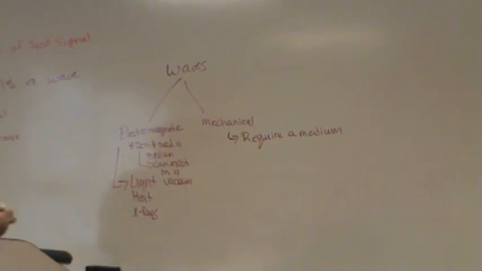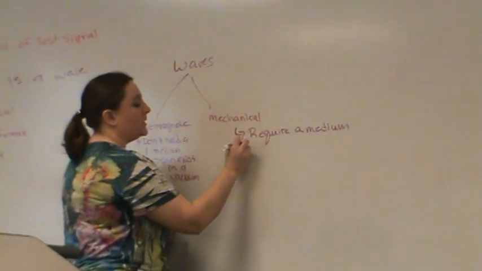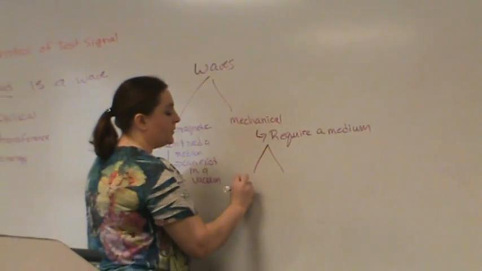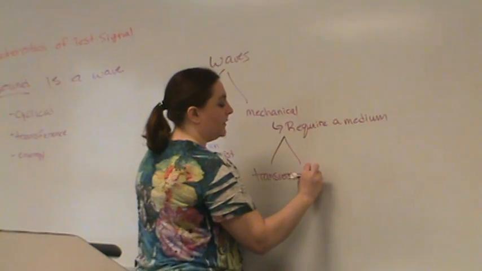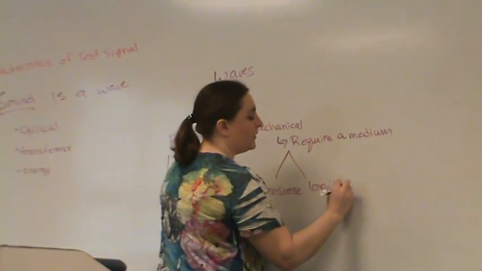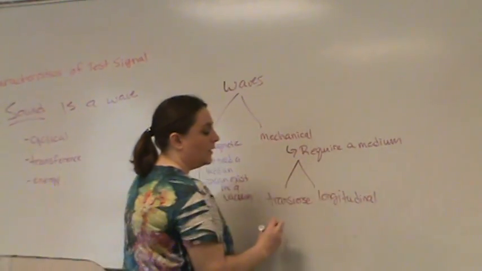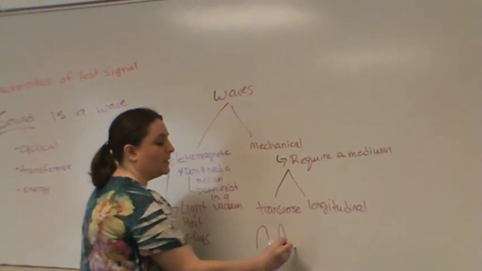When we break mechanical waves even further down, we can break them into transverse waves and longitudinal waves. That refers to how they move, right? Transverse waves move like this.